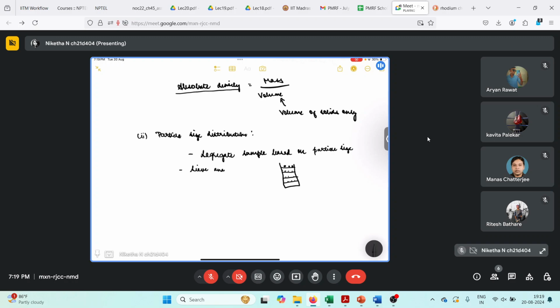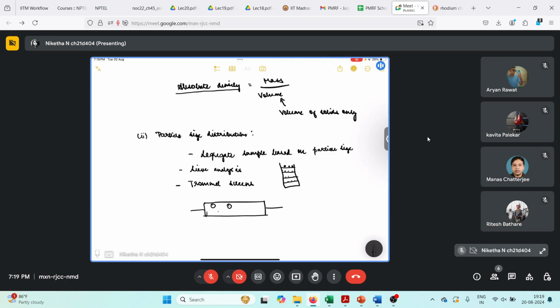Sieve analysis is a type of measurement of particle size, and this is used when the particle size is slightly lesser. For fine particles, this can be used, but if the particle size is bigger, then we can have screens like trommel screens. Trommel screens are basically cylindrical objects which can be rotated from one end or both ends.